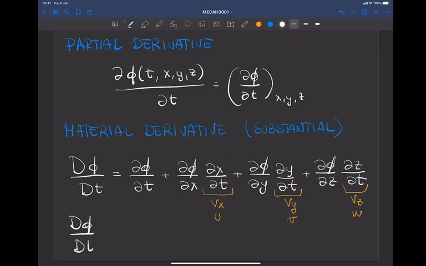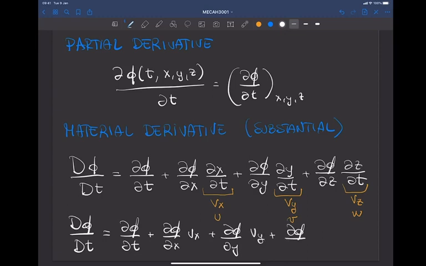So, for what you just said, we can actually rewrite this as D phi over Dt. It's equal to what? So partial derivative in time plus d phi over dx times vx, d phi over dy times vy, d phi over dz times vz.